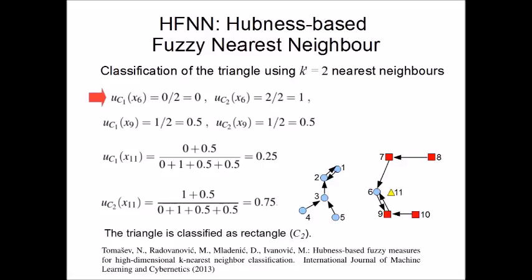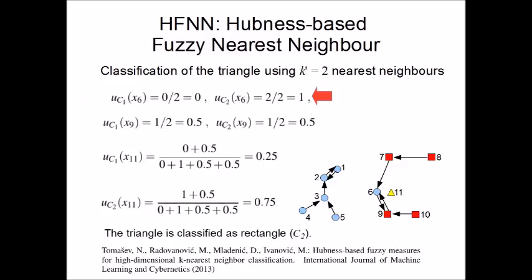In this example, instance 6 appears twice as nearest neighbor of some other instances. However, it never appears as the nearest neighbor of a circle. Therefore, this UC1(x6) will be equal to 0 divided by 2, that is, it will be equal to 0.